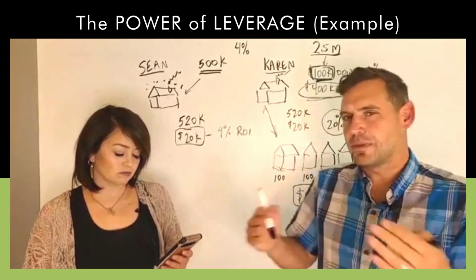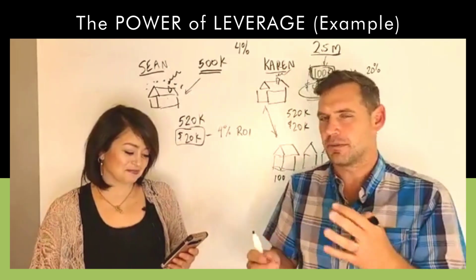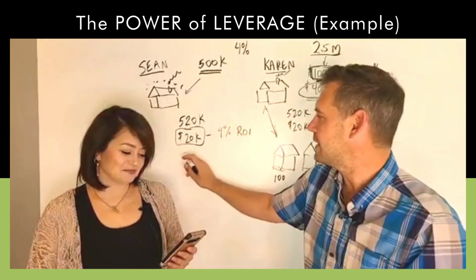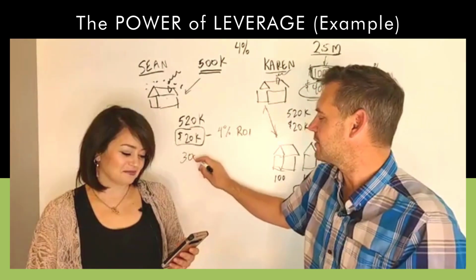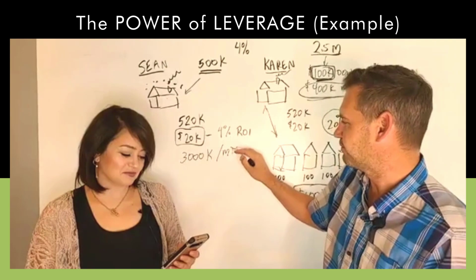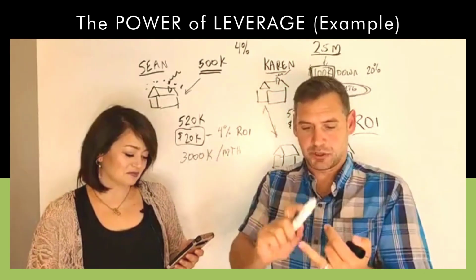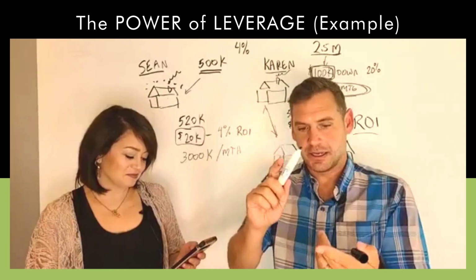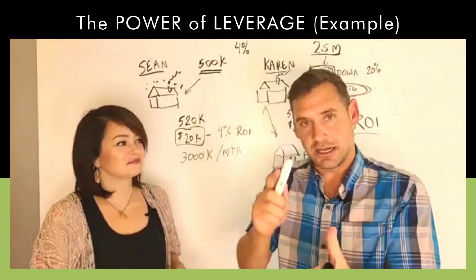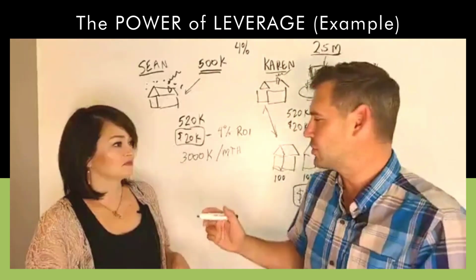If we're being conservative and including property management, and remember he's getting $3,000 per month in rent, you take off those expenses, and that all totals, let's say, roughly about $825.